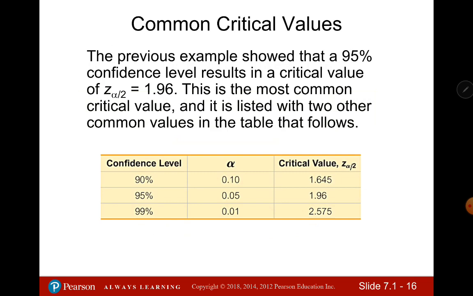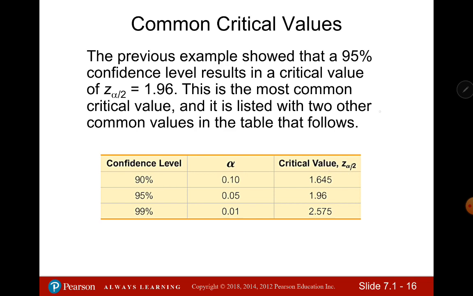This table shows you some useful critical values. If the confidence level is 90%, then the alpha value is 0.1 and half alpha is 0.05.